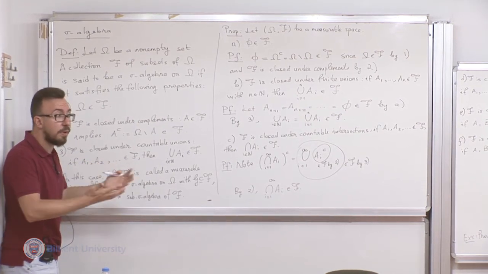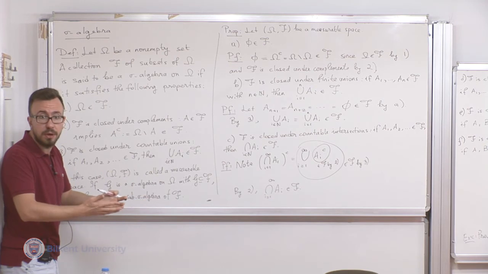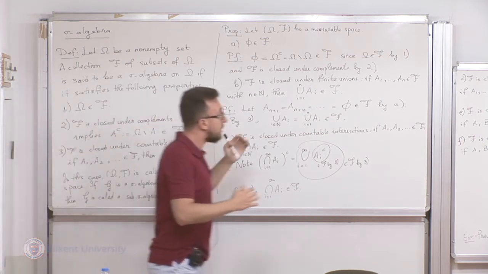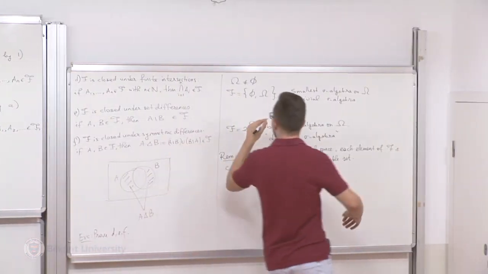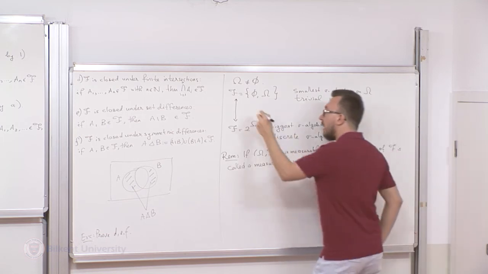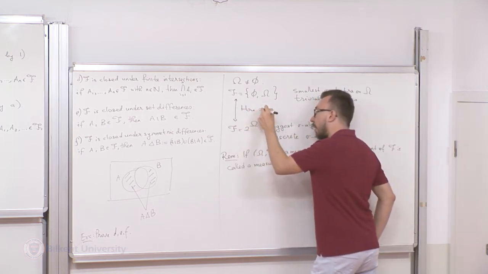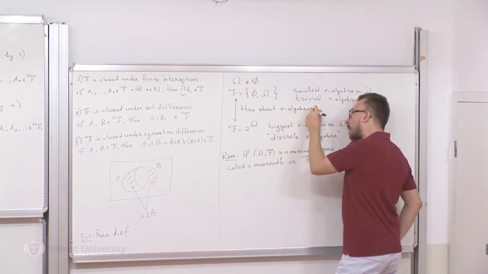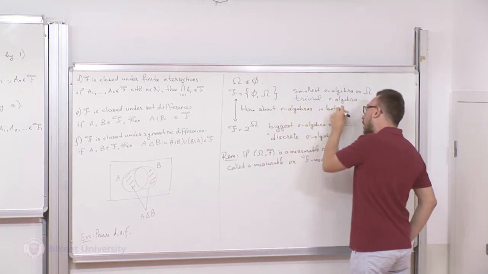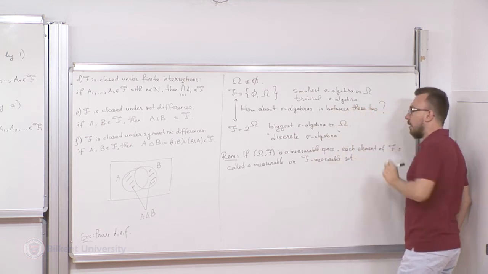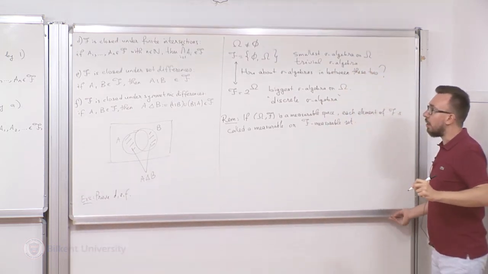And the union will always be either the empty set or omega. So we're done. 1, 2, 3, always satisfied. So the question is, do we have anything in between? How about sigma algebras in between these two? That's our next goal.